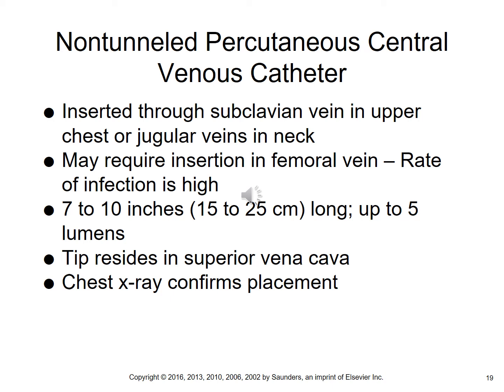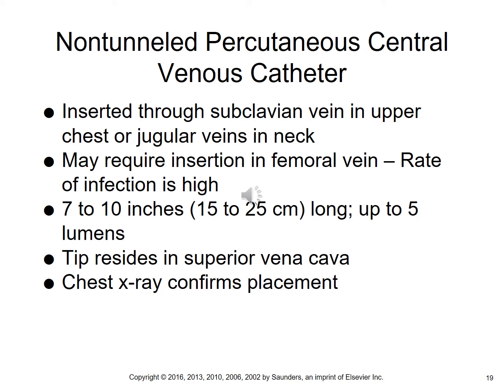Now, there are some contraindications. If this patient is having some respiratory issues, has some spinal issues, or has increased intracranial pressure, this may not be the route to go for them. Also, if they have a tracheostomy, this may increase the risk for infection. So we want to make sure that we utilize the correct catheters to gain access so that it won't cause them any more complications.